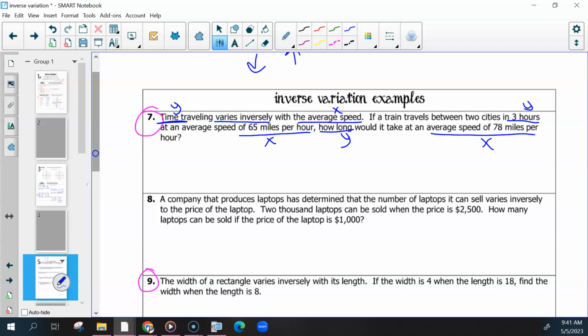So same as before, find our k value using the two numbers given, multiply those. What would that give us? 195. Our equation would then be y equals 195 over x. Since we are looking for y, we can put 78 in.